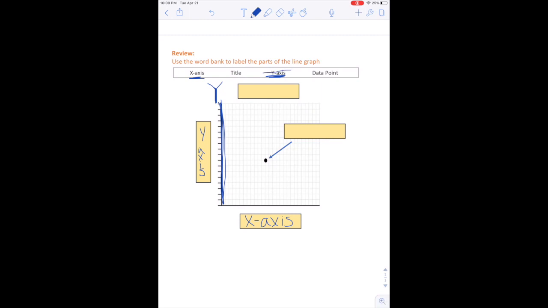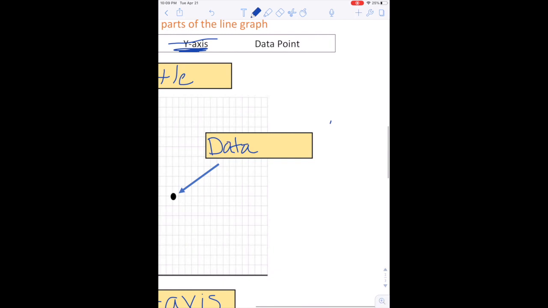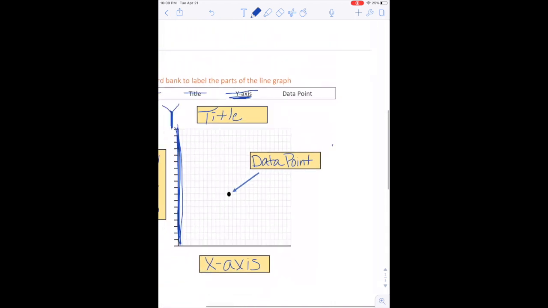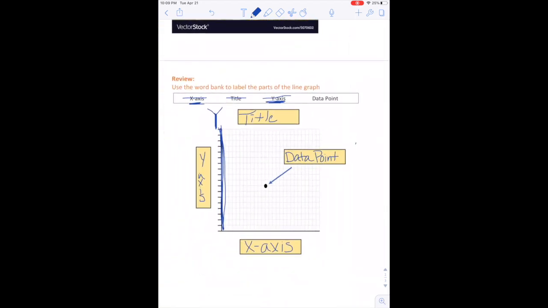So we got our y-axis, we have our x-axis. The ones we have left are title. We know title goes at the top. And our last one is data point. Nice job. That's a review from Monday.